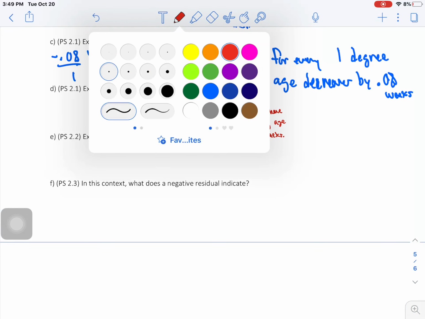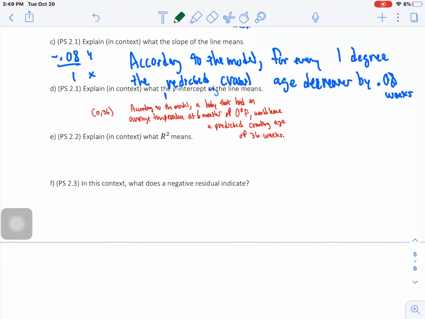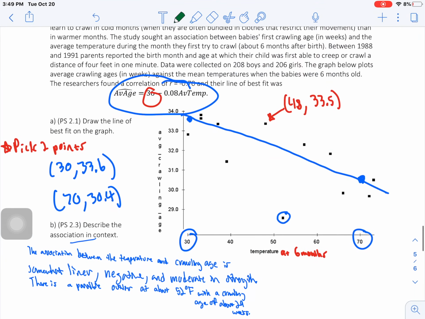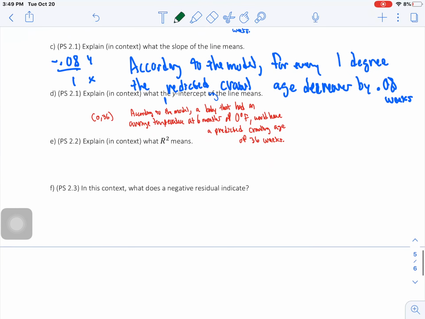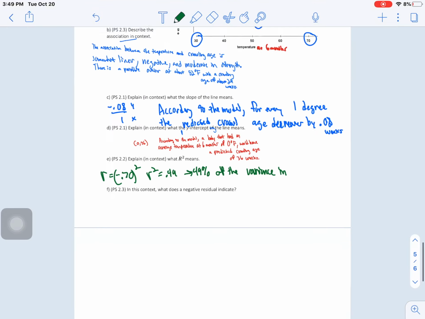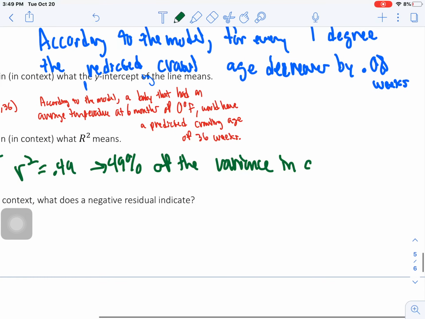All right, jumping to the next one. R squared, remember this is just that sentence. Did they give us R in this case? I hope they did. Yes, they gave us R is negative 0.70. And so R squared, if I take this value and just square it, 0.49 or 49%. So we can say 49% of the variance in y, remember y is crawling age.